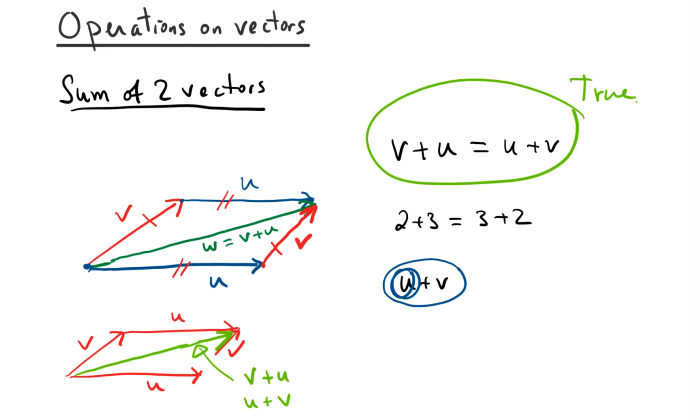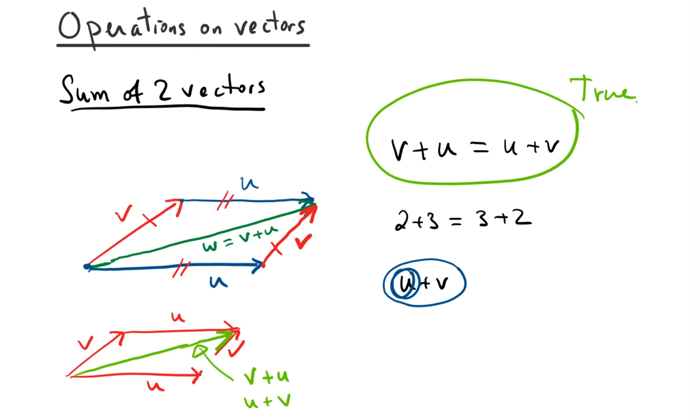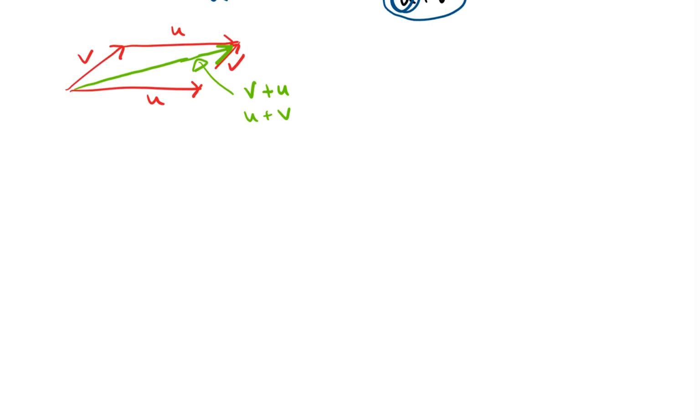One thing that'd be nice to know also is how we can perform vector addition when we have the coordinates of the vectors. For this, I'd like you to look at a picture in your book that I'm going to try to reproduce, but it's better if you look at the original picture in the book, because my drawing may not be as good. You want to look at figure 3.1.13.